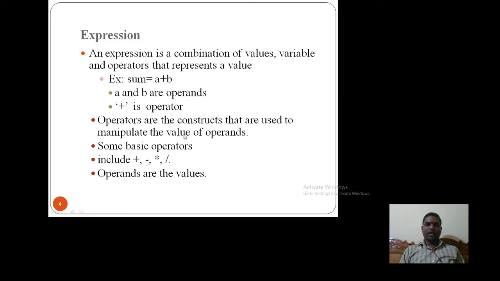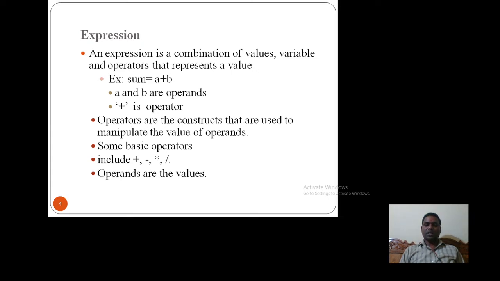In Python we may have n number of expressions. Some basic operators we use are plus, minus, multiply, and so on. We'll see with the example. In this PPT I will give you some example programs also. So why do we need to use these operators?